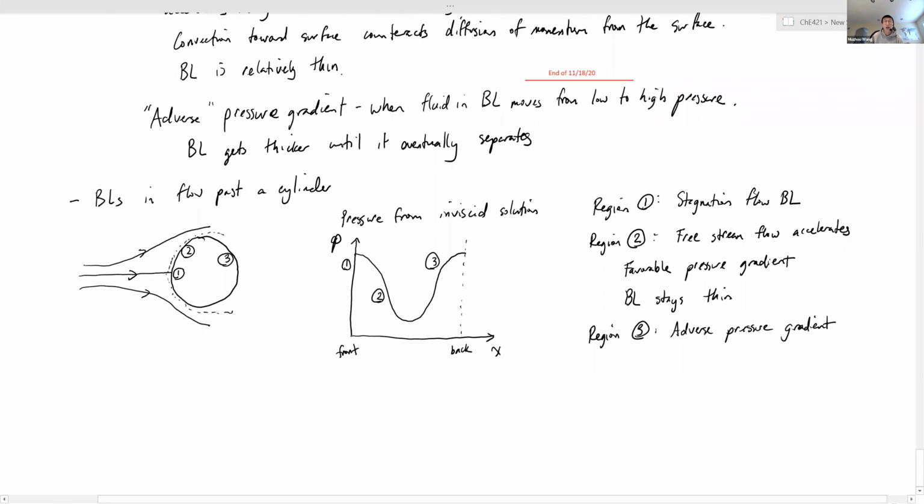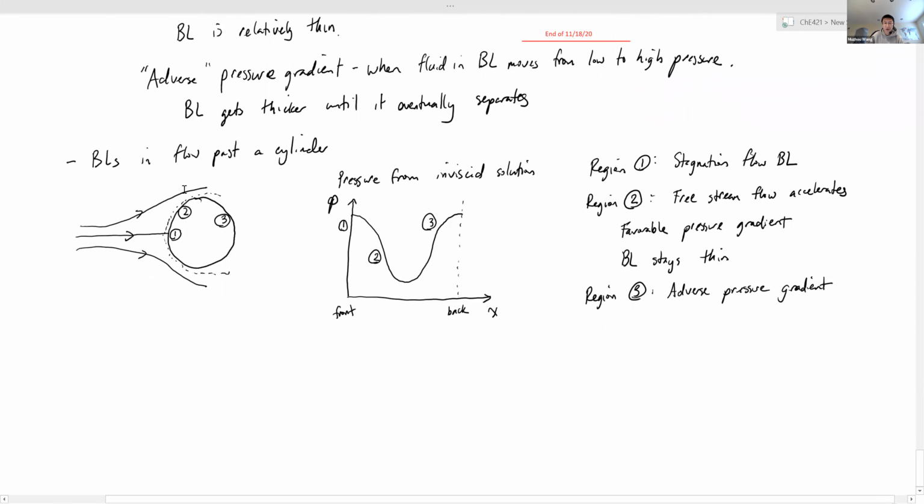And this happens because the inviscid flow actually slows down, right? We saw that when we were plotting our vector map, right? We saw really large arrows here and then smaller and smaller and smaller arrows here. Okay. And so essentially what we get is that the boundary layer is going to get thicker, and then we're eventually going to see boundary layer separation.